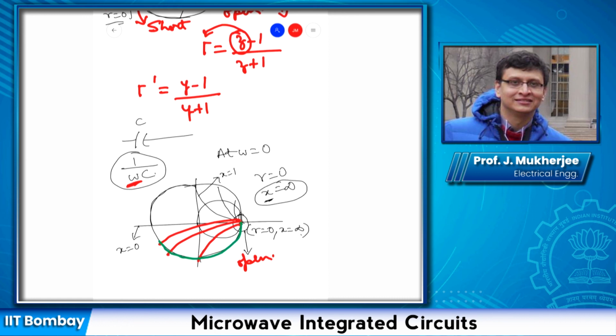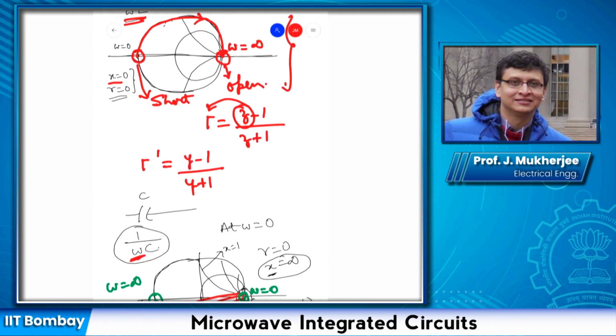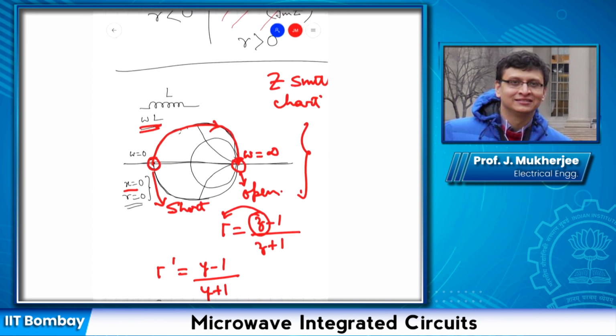So it goes all the way. At omega equal to 0, we start from here and we reach this point at omega equal to infinity. So it is kind of like the opposite of what happened for this inductance.